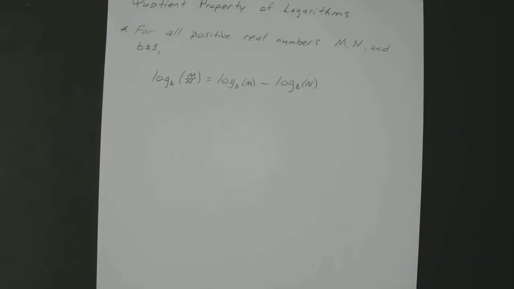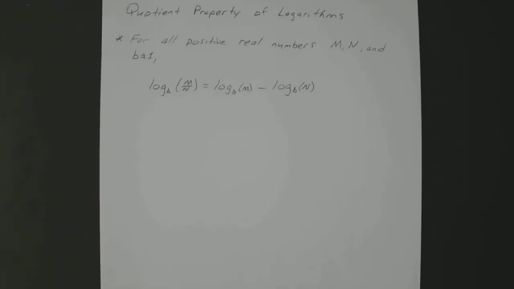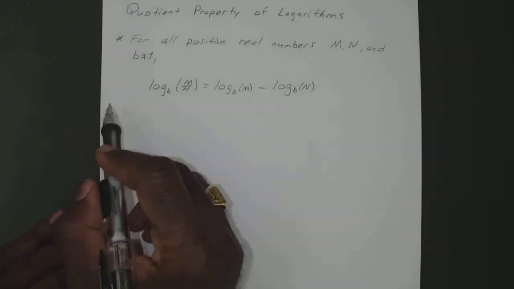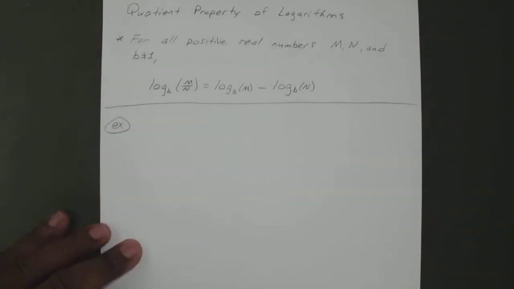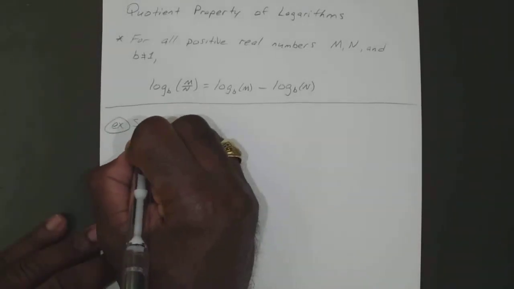So with multiplication, you separate them by adding. With division, you separate them by subtracting.